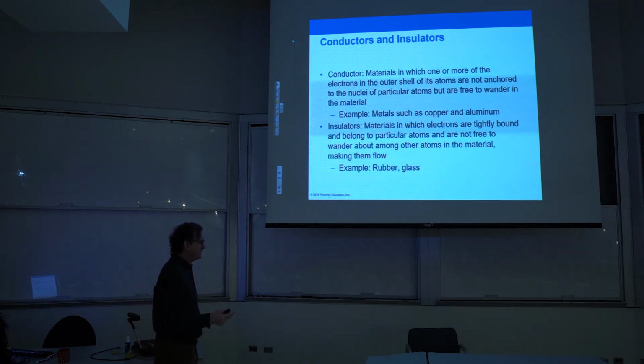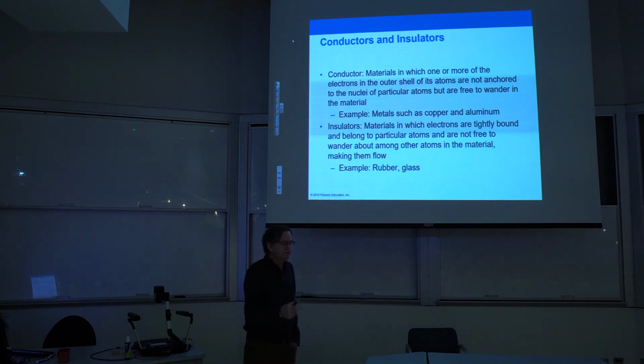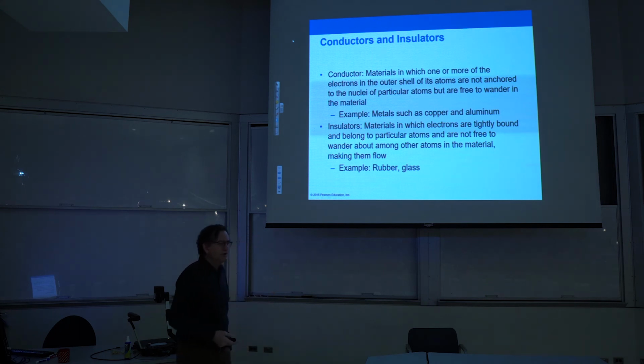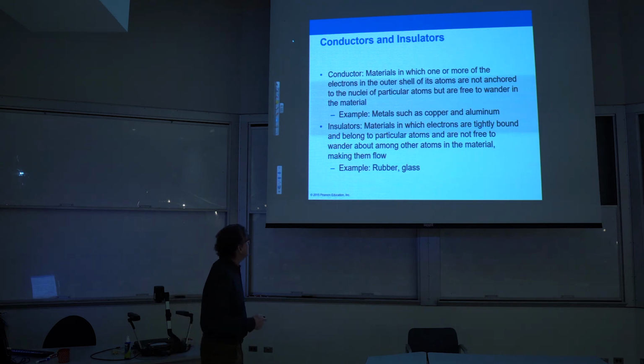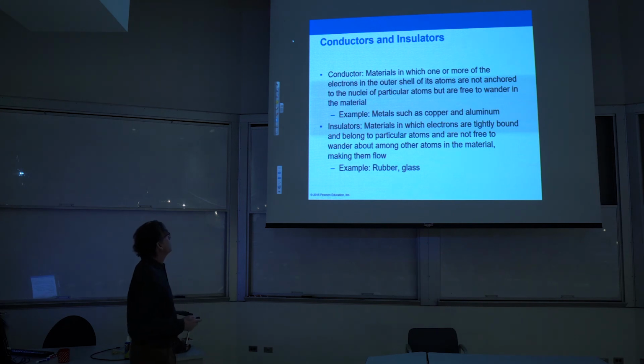Conducting electricity basically means that if we connect a battery to two ends of a rod, the positive terminal to one end and the negative terminal to the other, with a conductor we would get a flow of current of electrons going through that material, whereas with insulators we would not get that flow. By electricity we mean a flow of electrons, and these materials are called insulators.